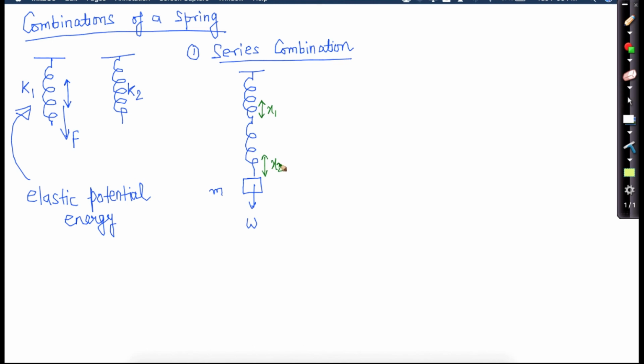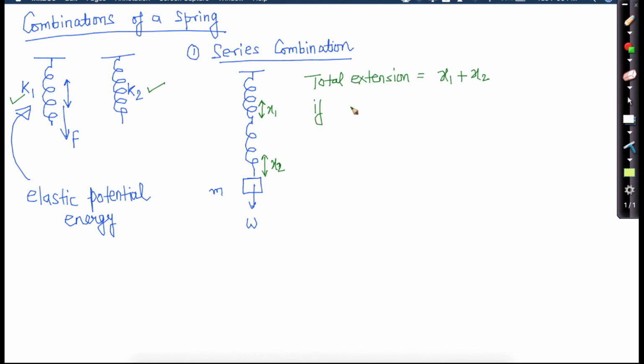And why are the extensions different, students? Because they both have a different spring constant. So in this case, the total extension would be x1 plus x2 if the springs are connected in series.